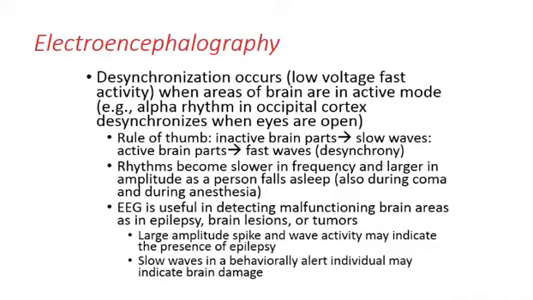And the rhythms become slower in frequency, larger in amplitude as a person falls asleep, during coma, during anesthesia. And as I mentioned, EEG is useful in detecting areas of the brain that are malfunctioning. Those would be the regions that show those slow waves. I mentioned spike and wave activity and epilepsy, and slow waves in a behaviorally alert person may indicate brain injury.